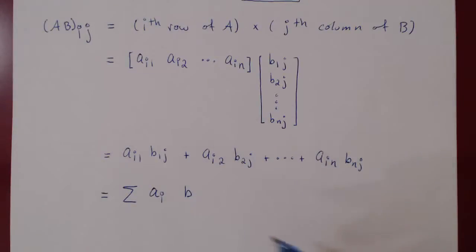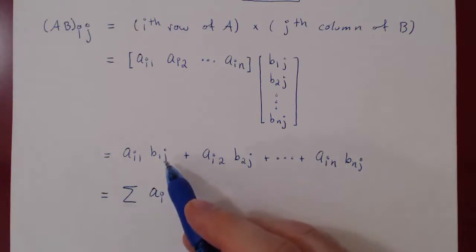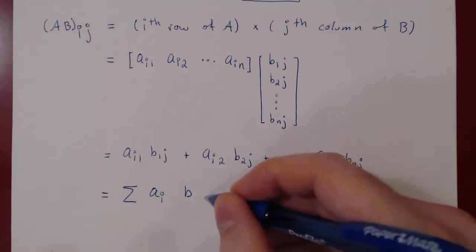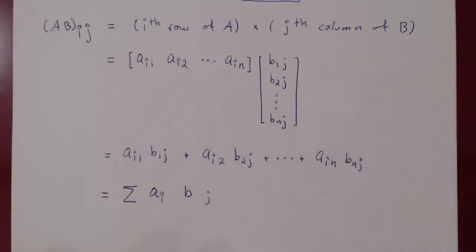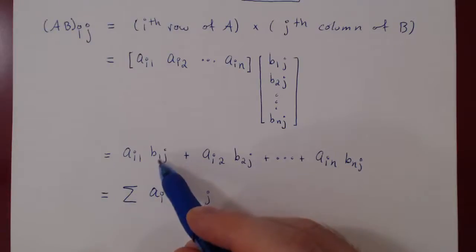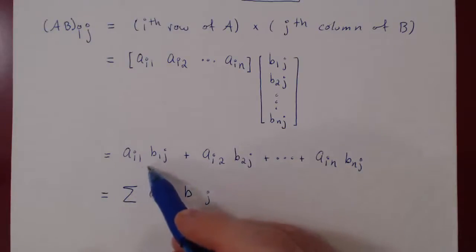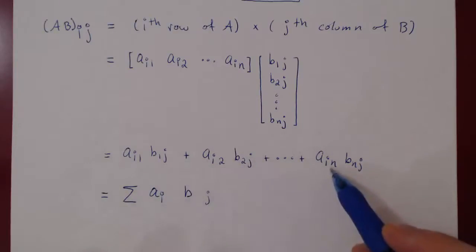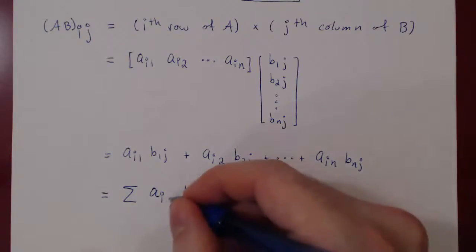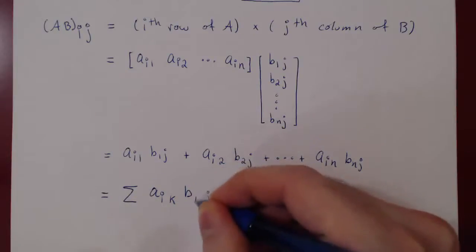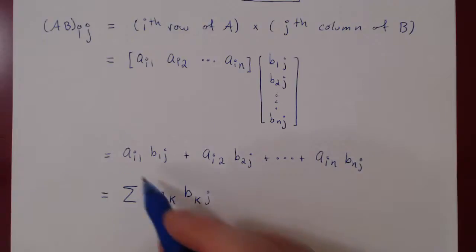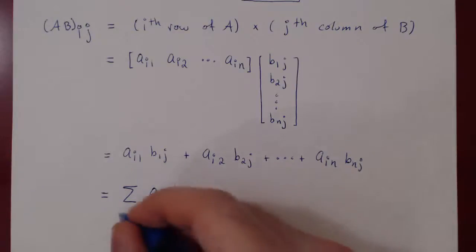The entries of B are always from the jth column, b_1j, b_2j, up to b_nj, so that does not change. What changes is the column index of A and the row index of B, so this is 1, 1, 2, 2, up to n, n. We need a dummy variable to capture this change. We will use k. So a_ik, b_kj. Where does k start? k starts at 1.